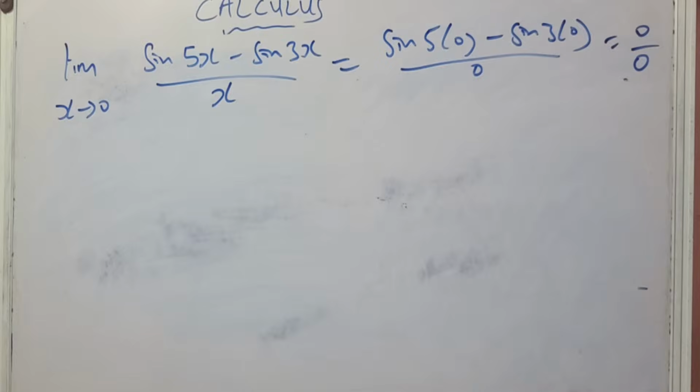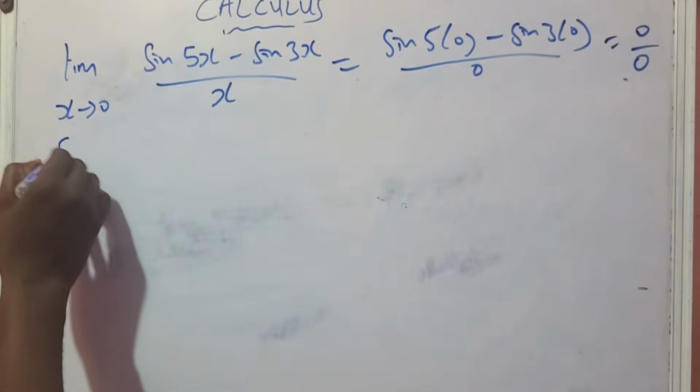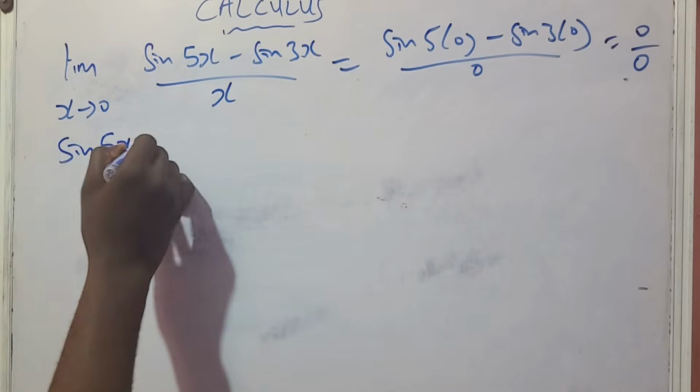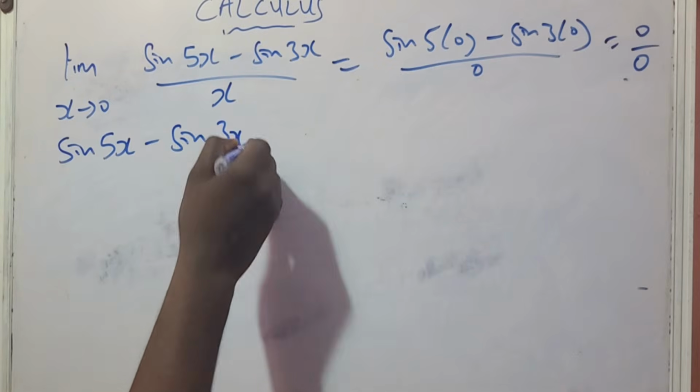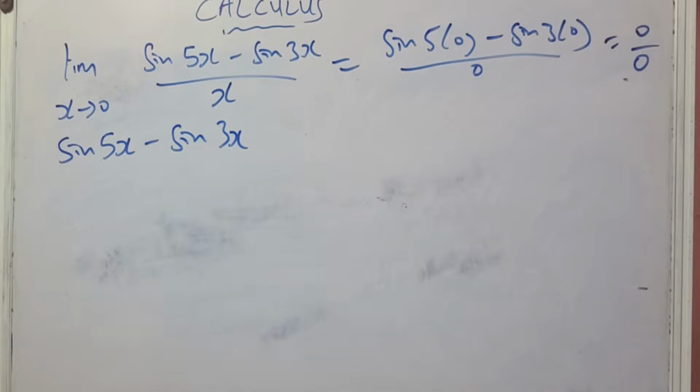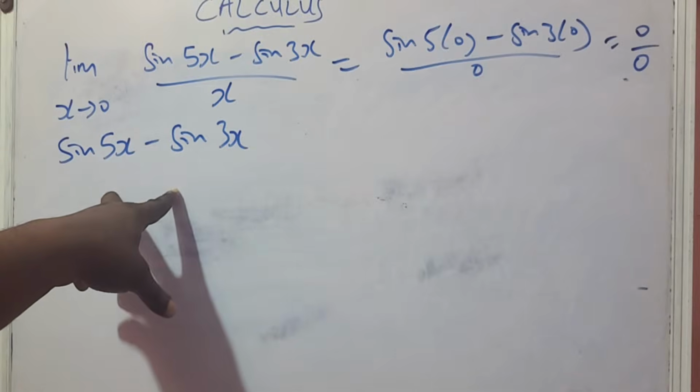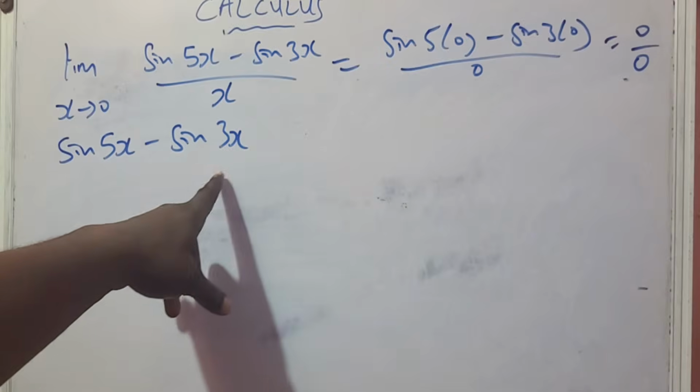Now, first of all, look at what we have here. This is very important. Look at what we have here: sine 5x minus sine 3x. Now, imagine you wanted to simplify. One thing you need to recognize is that you have an identity under trigonometry that resonates with what we have here.